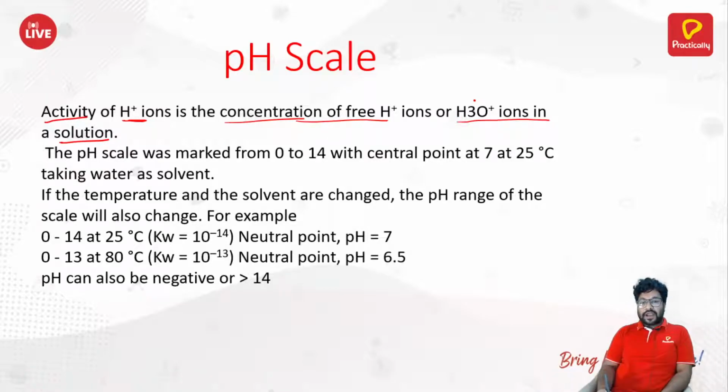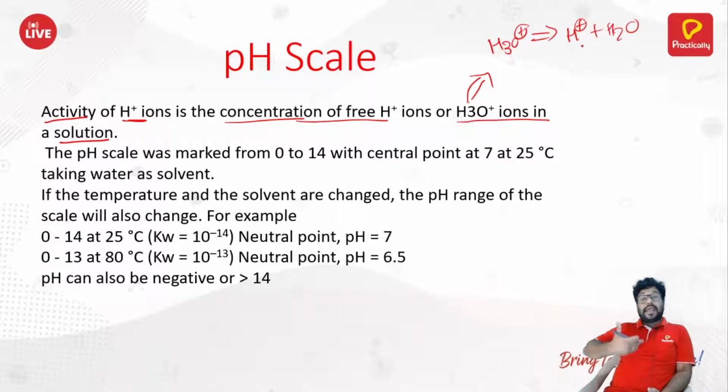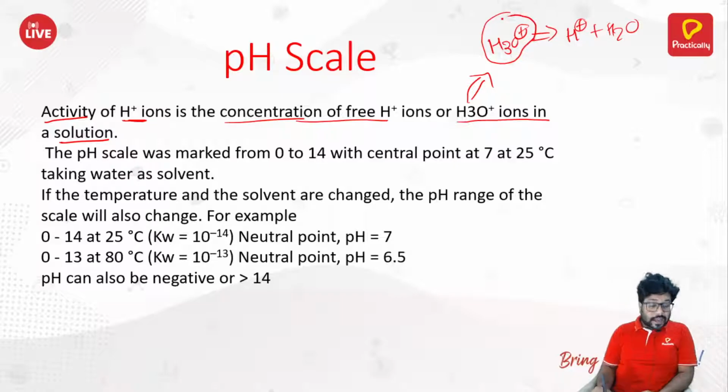H3O plus means what? I have told you in maybe the first lecture: H3O plus is H plus plus H2O, because your H plus ion doesn't exist as such. It exists in the form of H3O plus.